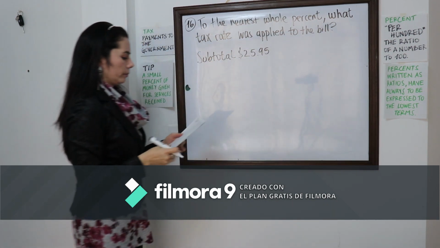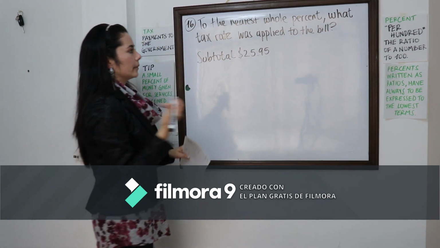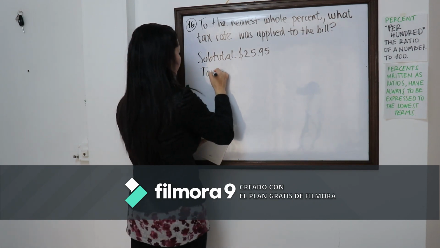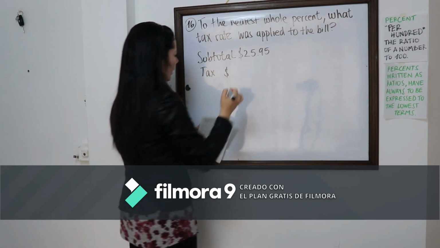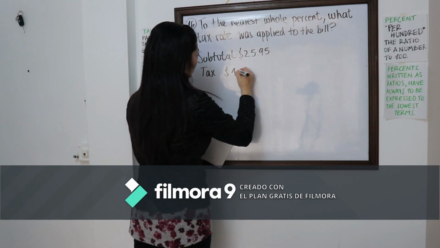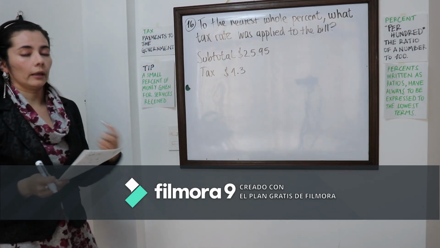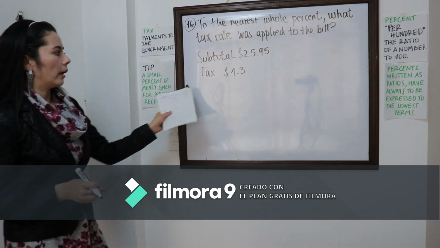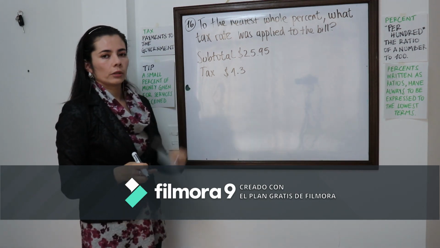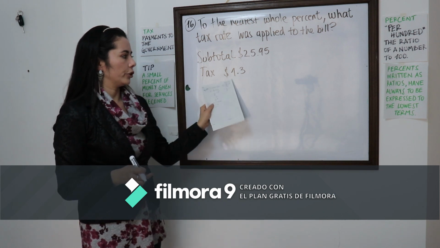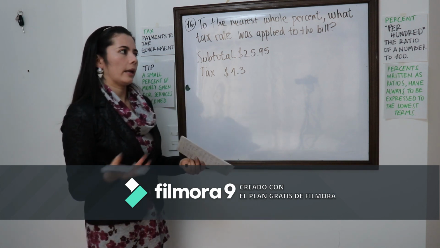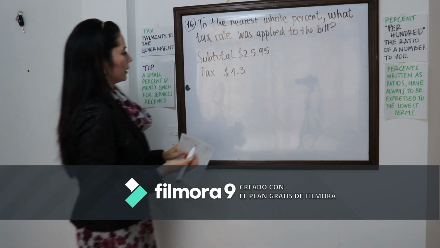That was the subtotal, all right? Then the tax, if I'm not wrong, it was $1.30. And so we need to figure that out. I mean, how can we figure what is the percentage corresponding to this tax just by estimating, not doing really a whole lot of processes?